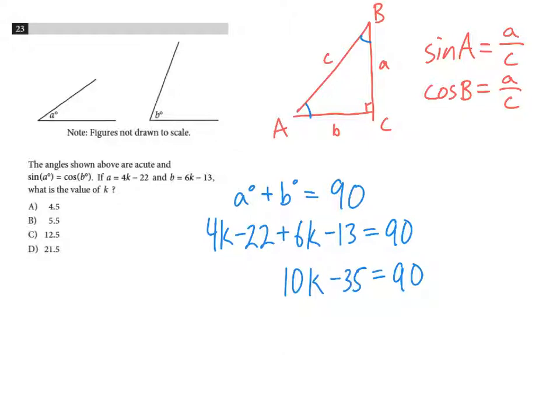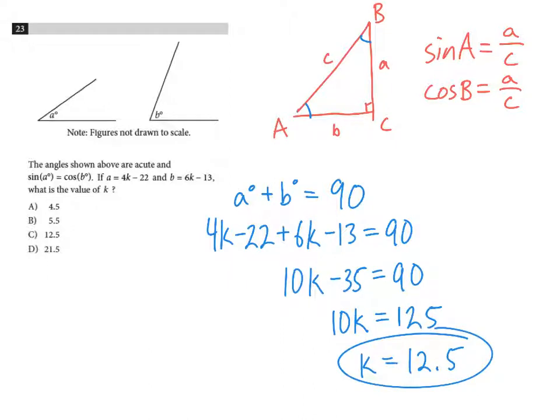And 10k must equal, add 35, it's going to be 125. So k must equal, divided by 10, it's going to be 12.5. So C is our answer. Okay.